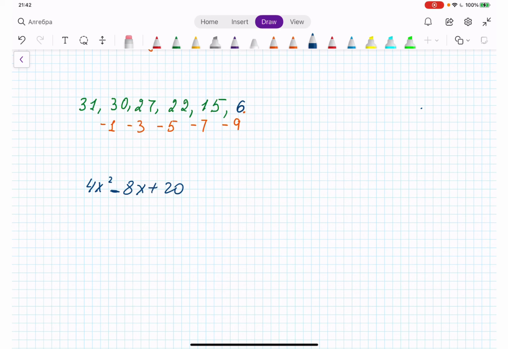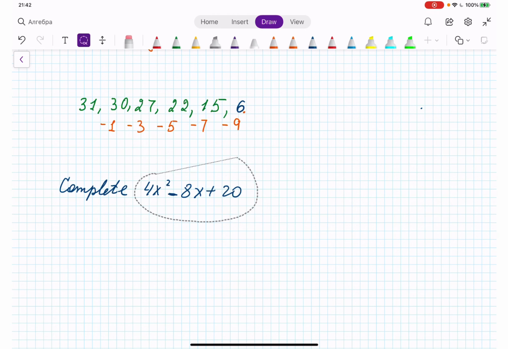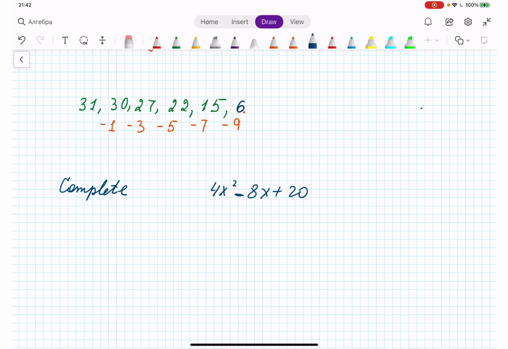To be able to complete the square, we need to turn this expression into an equation and put equals 0.